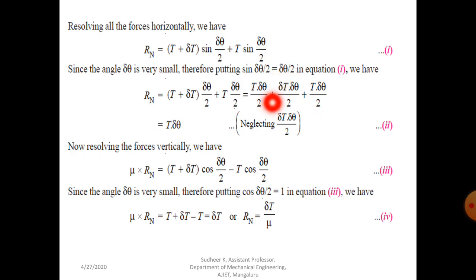Here this one is very small because d theta is small, and dT is also small, that's why you can neglect this term. After neglecting this term you will get only two components, that is T d theta by 2 plus T d theta by 2, which is nothing but T into d theta. So now you consider this as expression 2.